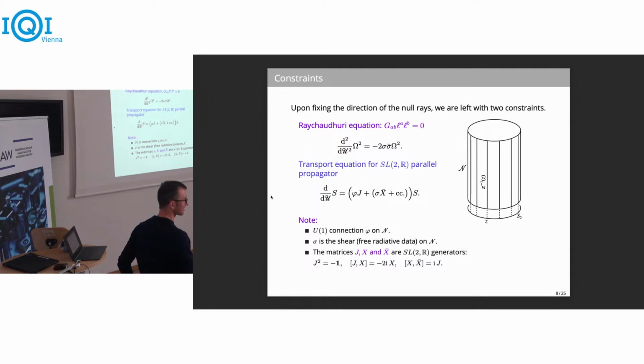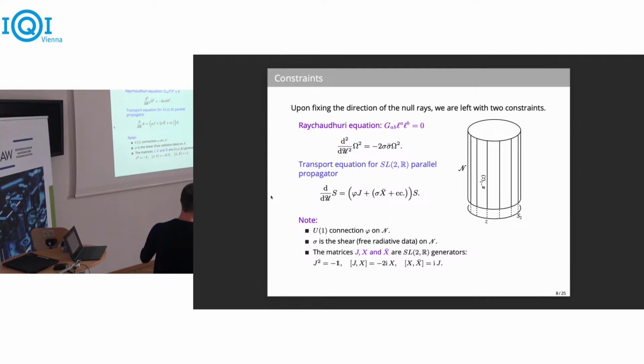Everyone can solve this. And here also, if sigma has the U1 part you can split off, and then the shear is piecewise constant. If the shear is not piecewise constant, you solve this equation by a time-ordered exponential in U. This is like a Schrödinger equation with a Hamiltonian that is in general time-dependent.